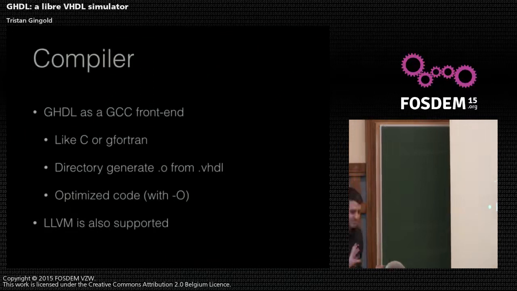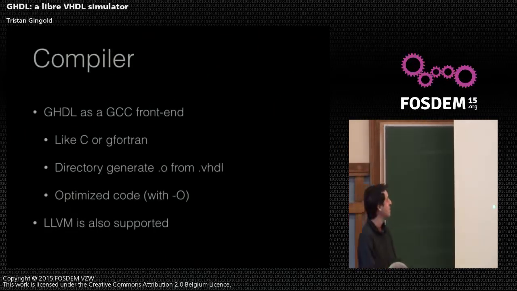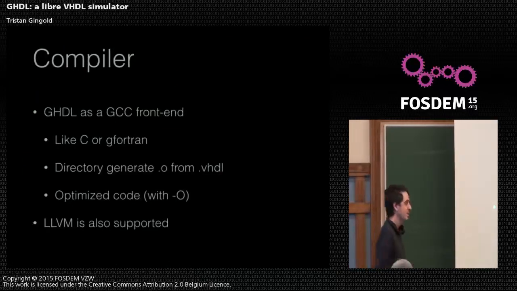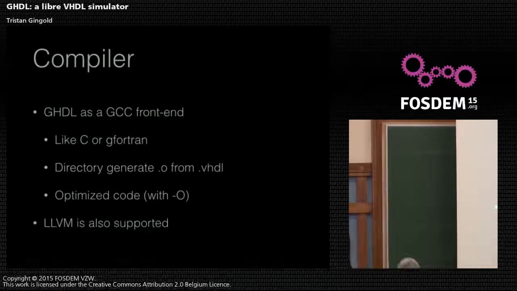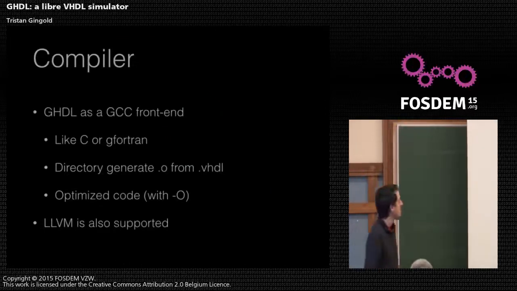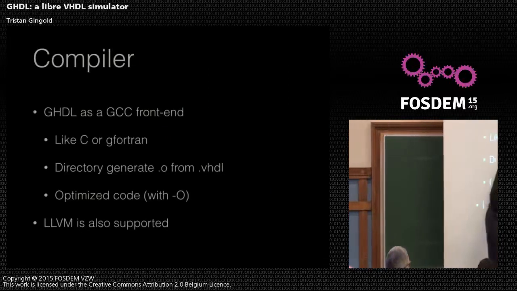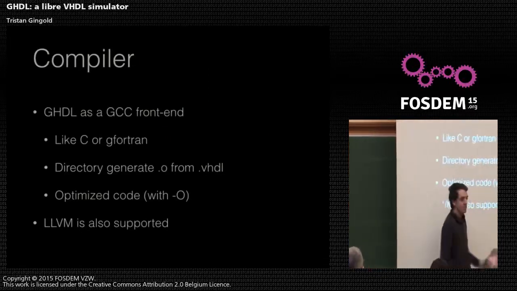Now the internal view. In fact, it can be considered as a GCC front end. So there's a parser and analyzer. It's linked directly with GCC and uses GCC to generate the object code. So fundamentally it's like the GCC C compiler or GFortran.